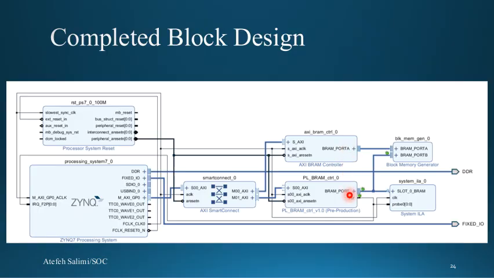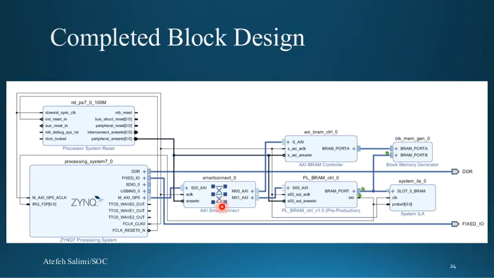The third one is the block memory generator. If you remember, we chose dual port BRAM. And the last block is the PL BRAM controller, which, as I told you, we designed by running different steps of IP creation as a custom IP in Vivado.